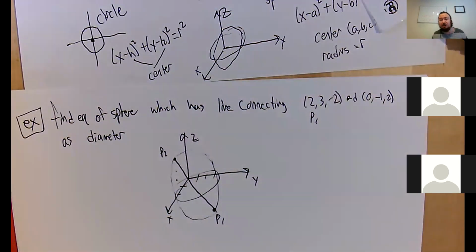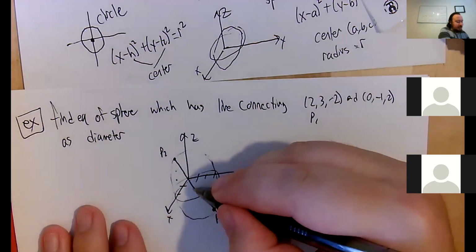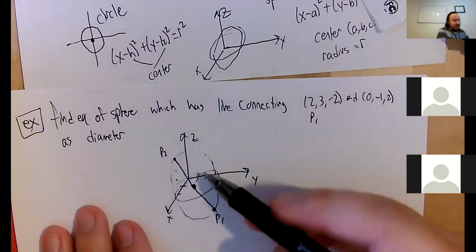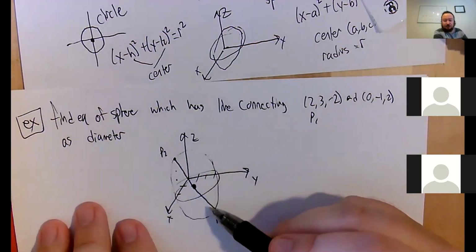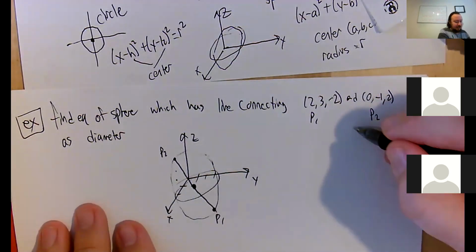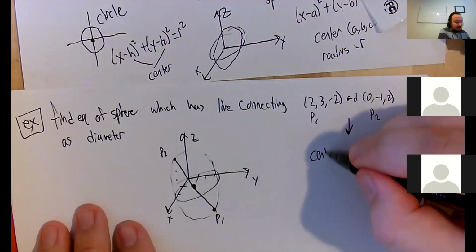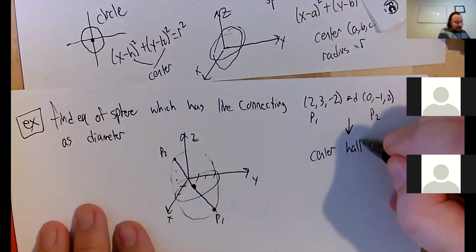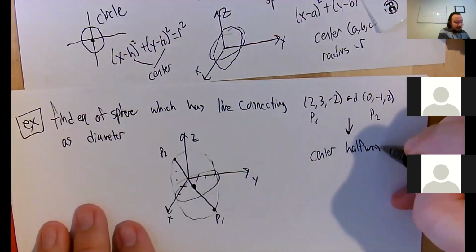If it were a globe, you can almost imagine this is like the axis that goes through the globe. That means that the center of the sphere is going to be halfway in between these 2 points, P1 and P2.